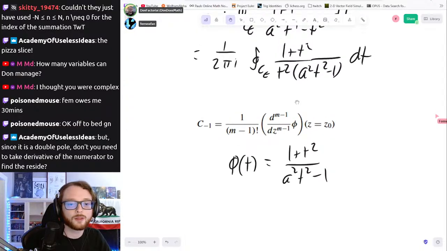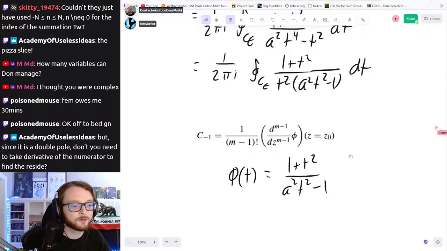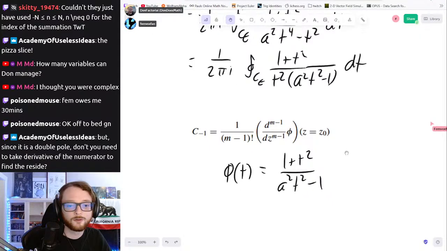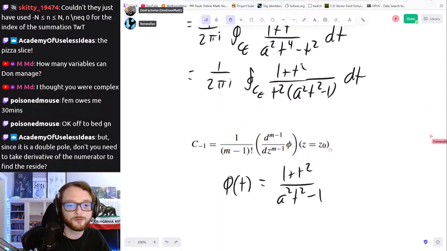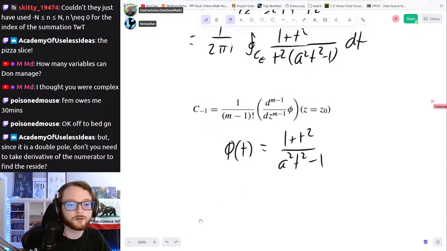And if this is a double pole at 0, we're going to take one derivative evaluated at t equals 0. Hopefully. Since it is a double pole, don't you need to take the derivative of the numerator to find the residue? Yes.